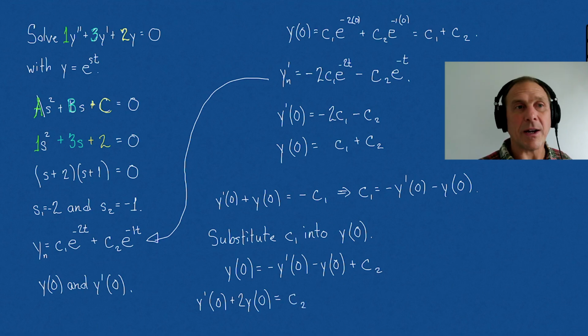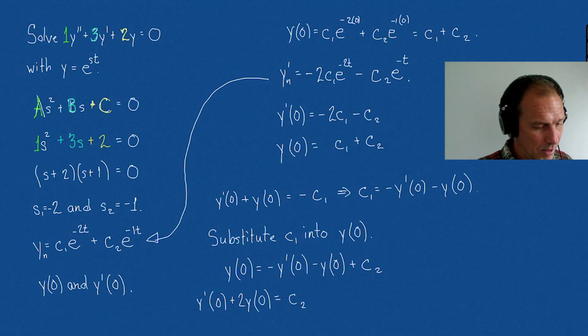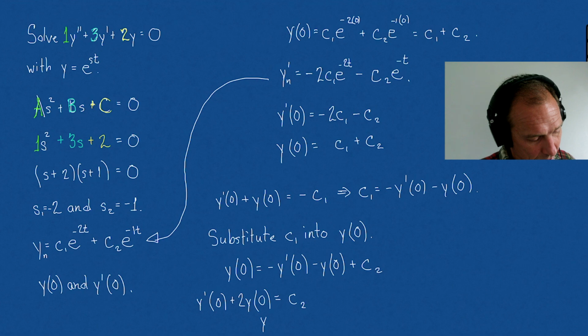There it is. And right now I can then write my final solution, which is going to be y null equals C1.